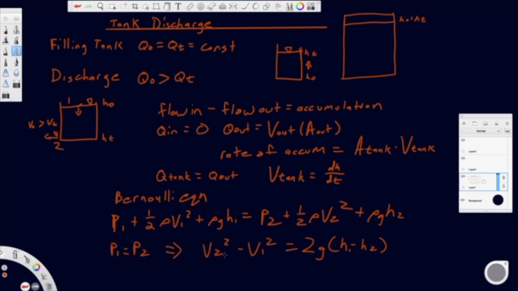A couple of other assumptions that we can make. One is that the velocity at point 2 is going to be much higher than the velocity at point 1. And this is because of the differences in the areas, right? We have a relatively large tank area and a much smaller area of an orifice here. So we can assume that V2 squared, especially being squared, is going to be much greater than V1 squared.